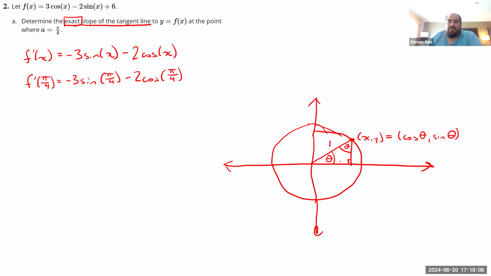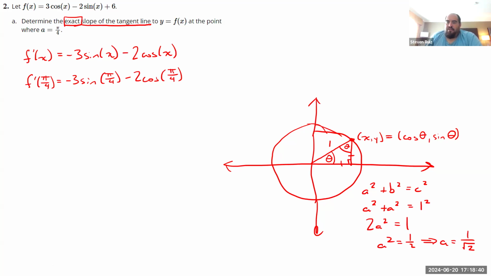That tells us these two sides of the triangle are equal. Using the Pythagorean theorem, a squared plus b squared equals c squared, I can say a squared plus a squared equals 1 squared. So 2a squared equals 1, a squared equals 1/2. Finally, a equals 1 over radical 2.